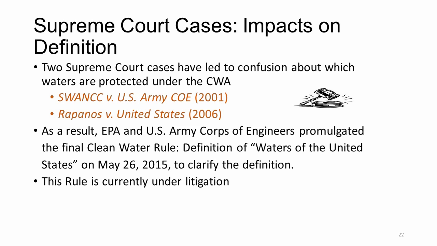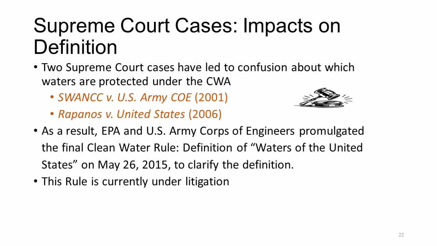So starting in 1977, again, I'm just going a little deeper than this, the Corps first took a broad view of jurisdiction and said that in addition to those traditional navigable waters, non-navigable tributaries and wetlands adjacent to traditional navigable waters are covered by the Clean Water Act. And then since then, that's evolved a bit over time, and certainly the Supreme Court has played a big role in this. They've weighed in 3 times.